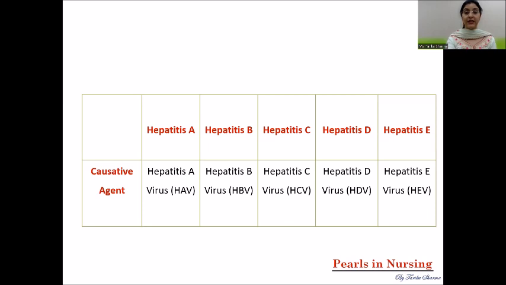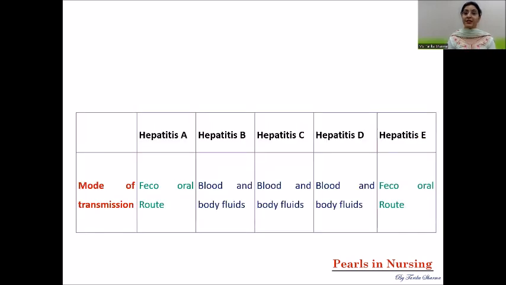The next difference is on the basis of mode of transmission की जो disease है वो किस तरह से फैलता है. What is the transmission route for the same? So you can see here hepatitis A and E, they are transmitted through the fecal-oral route, and hepatitis B, C and D are transmitted through blood and body fluids.